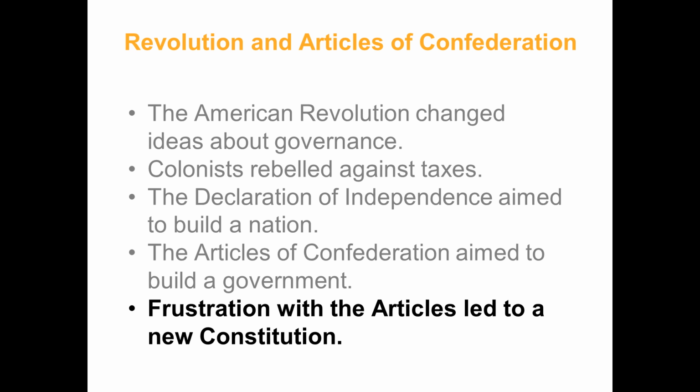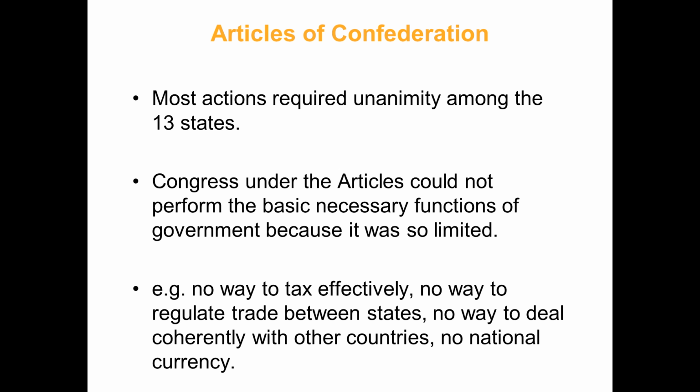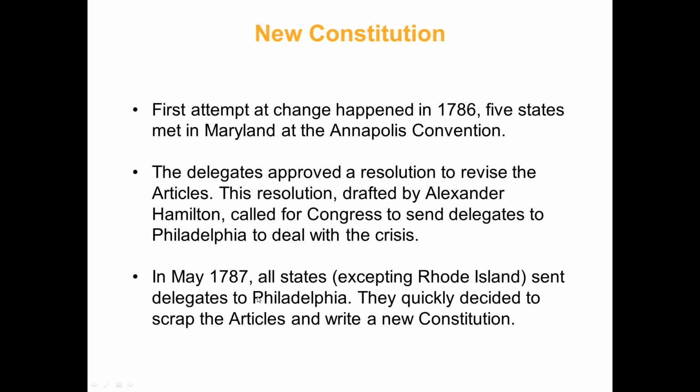Okay, so this goes on for several years. The problems I just outlined are eventually becoming more and more well recognized, and you get to the point where sentiment shifts against the Articles of Confederation, and more states begin to recognize that something has to change. The first real official attempt at starting this effort is in 1786.